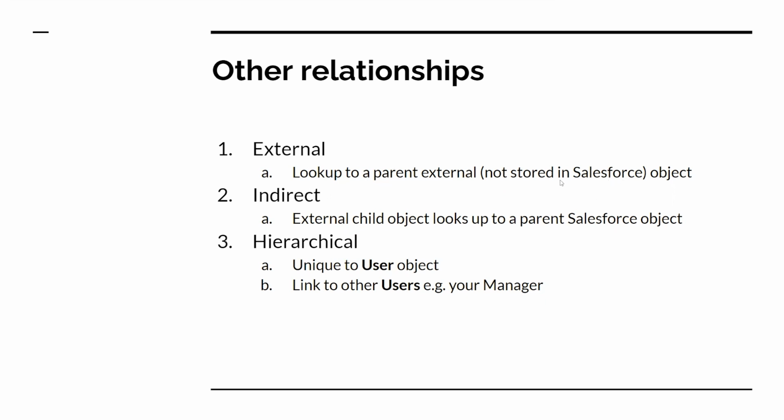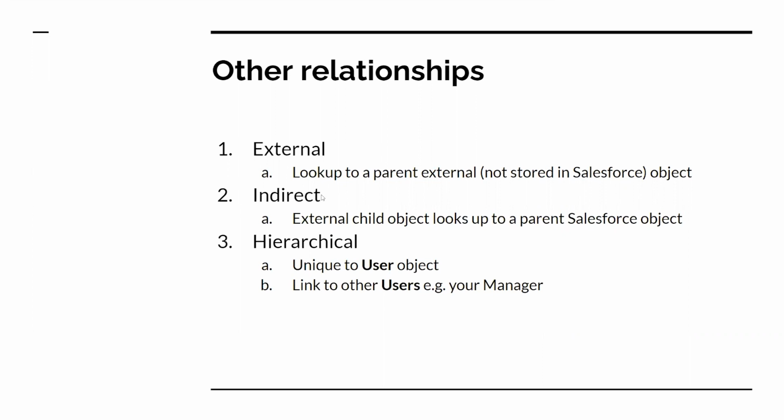You might be doing this for data storage reasons, or potentially because of security. If you're dealing with super sensitive data, that person might not want their information stored on a shared instance in Salesforce. So they'll pick a specific place they want it, and you're allowed to just look up there, but you can't store it on there.